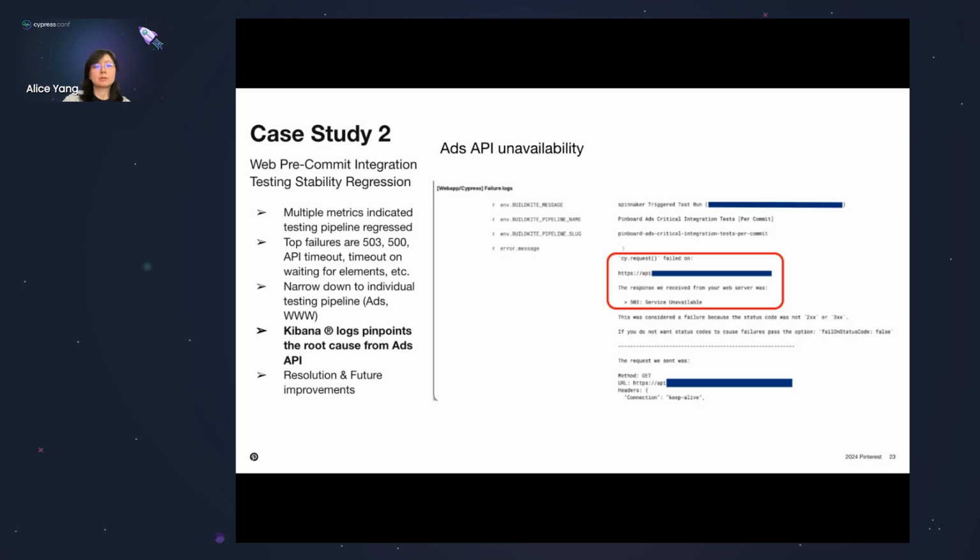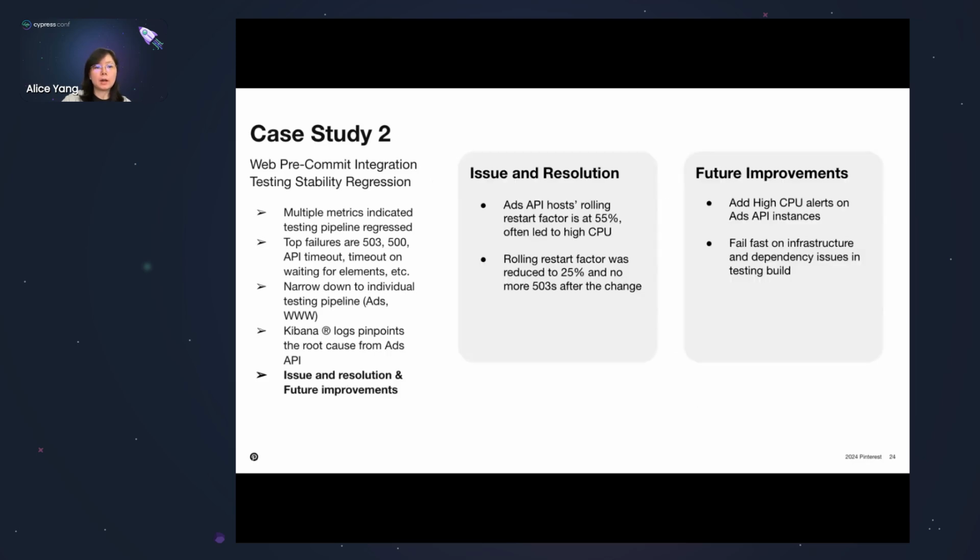So we reached out to the team and figured out the ads API host rolling restart factor is at 55%. When it's restarting, it could lead to high CPU while the CI builds are running tests. So the solution was to change the rolling restart factor to 25%, and we started seeing no more 503 errors after the change.